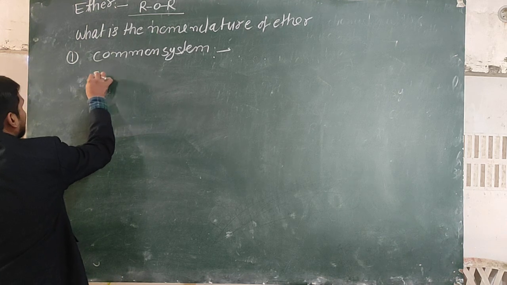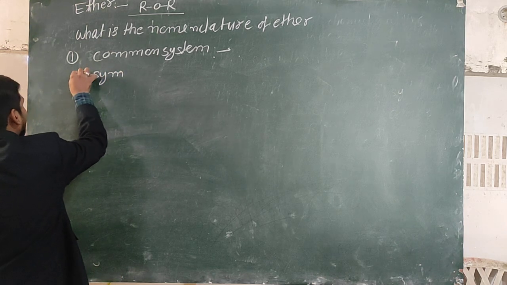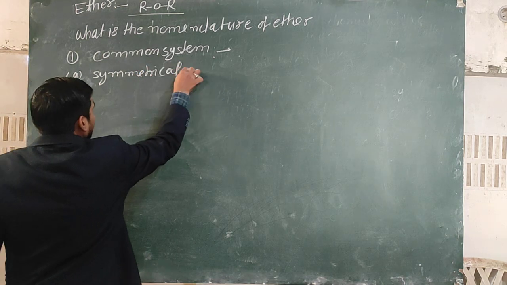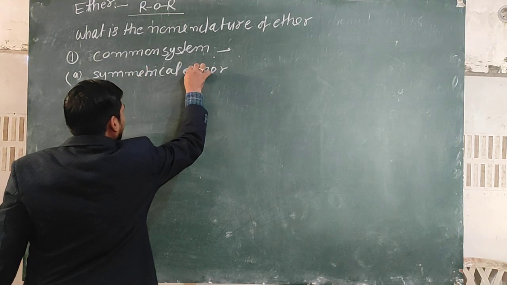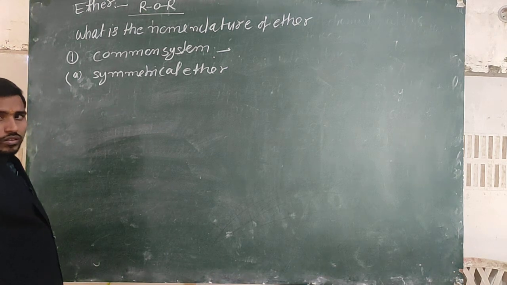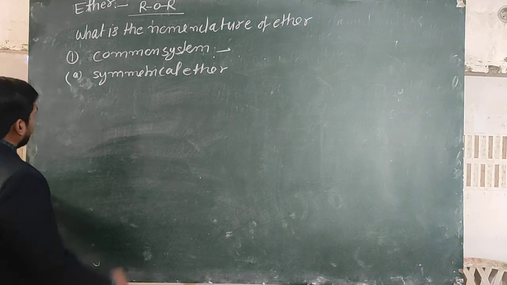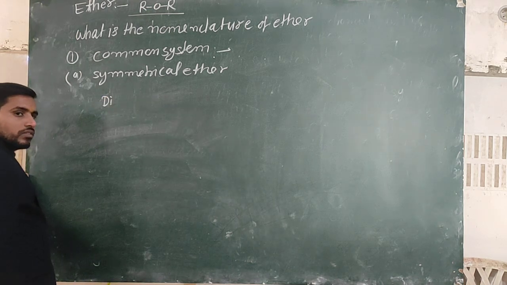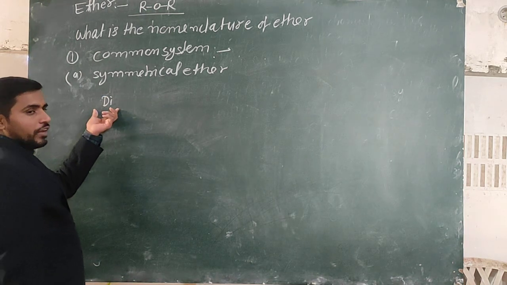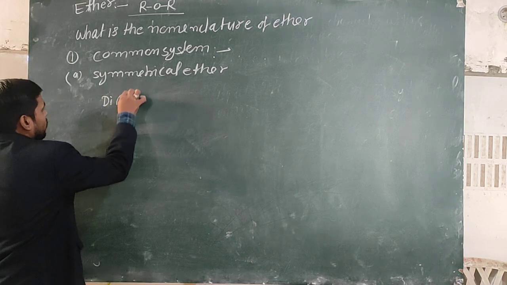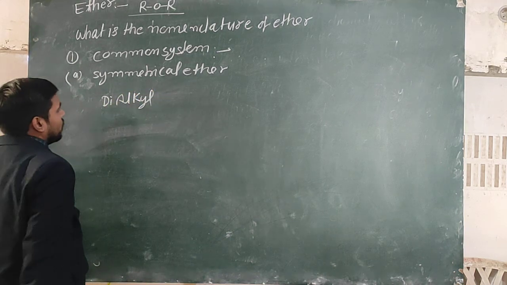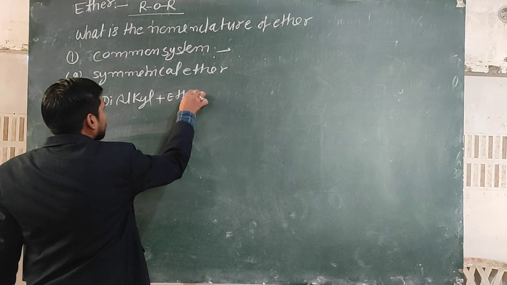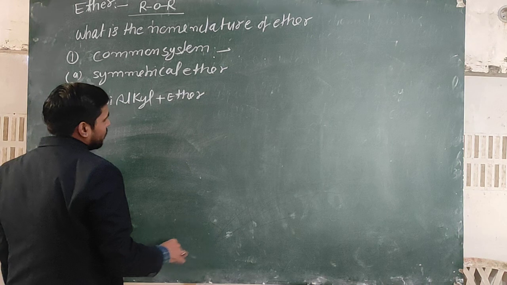In case of symmetrical ether, the prefix di is used before the name of the alkyl group, and then after naming the alkyl group, the word ether is added.